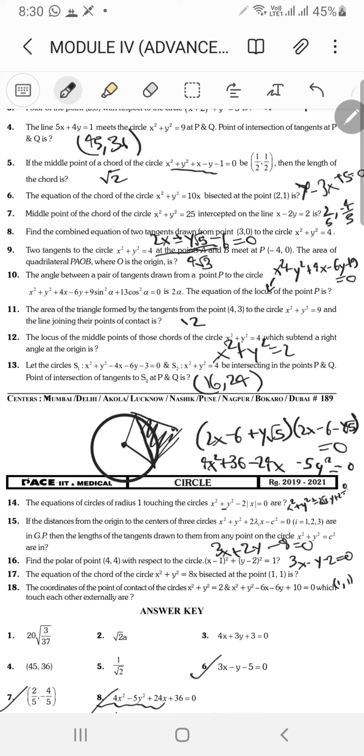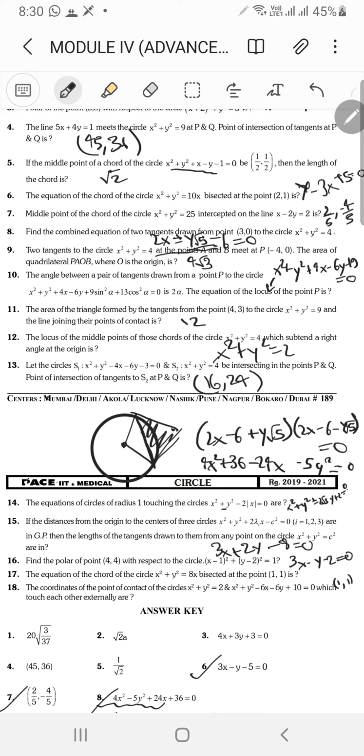And what's the radius? The radius squared is 1 plus 1 by 4 plus 1 by 4, which is 3 by 2. So r is square root of 3 by 2, and that distance is 1. So that should be 1 upon 2, and now that should be square root 2. Length of the chord is in fact square root 2. I don't know why they gave us 1 upon square root 2.